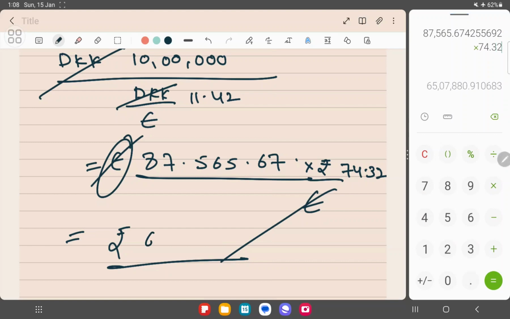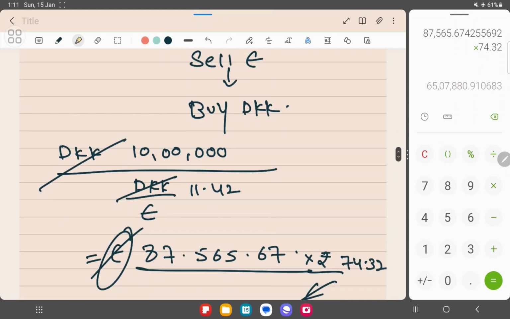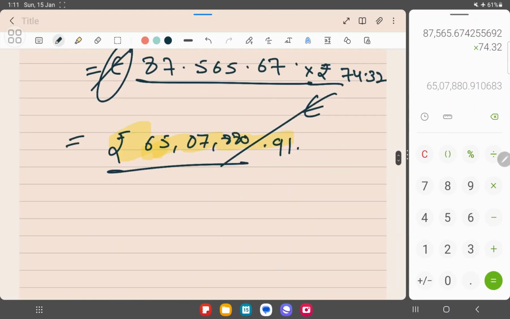This comes to 65 lakh 7,880.91. Okay, so this is the rupee cost to buy DKK, right? Rupee 65 lakh 7,880 or 881. Okay, so I'll write this here.